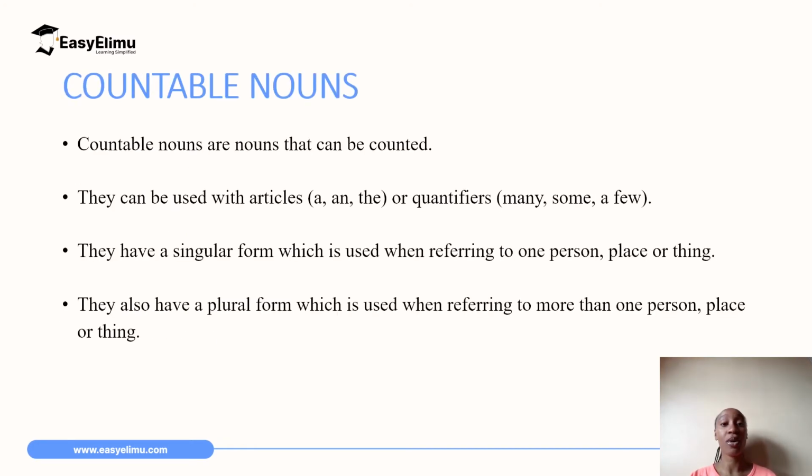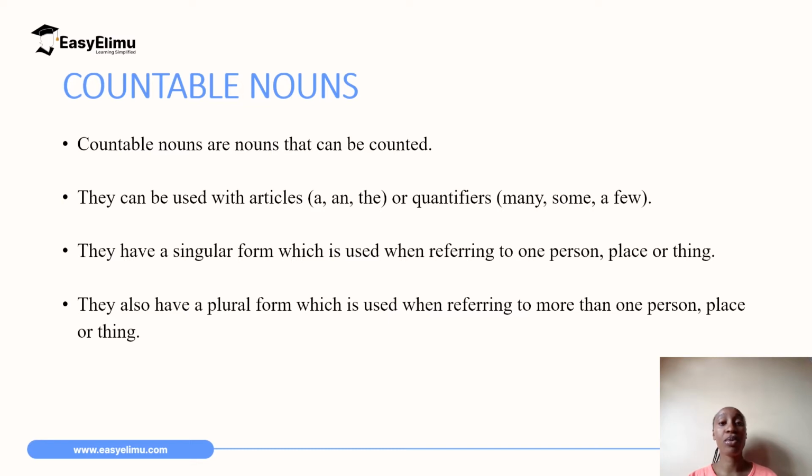From the word countable, you can tell that countable nouns are nouns that can be counted. These nouns can be used with articles such as a, an, or the, and they can also be used with quantifiers like some or many. In the subsequent classes, we are going to learn about articles and quantifiers.